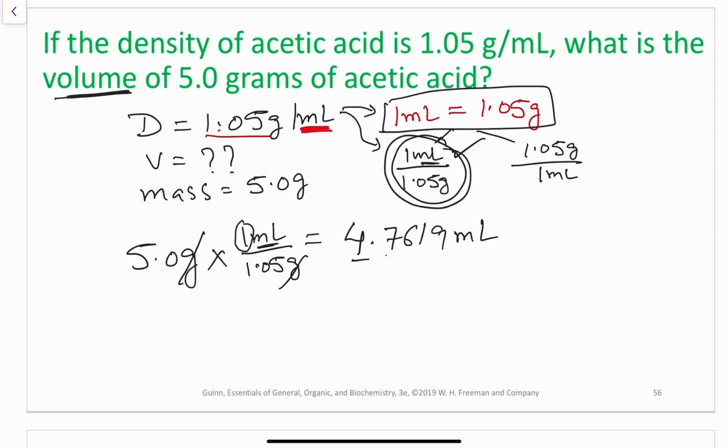So this is 1, this is 2. The third one is more than 5, so it will increase by 1, so it's 4.8 ml. Right, so this is the amount of volume that you have if you dissolve 5.0 grams of acetic acid, so that it will have a density of 1.05 grams per ml.